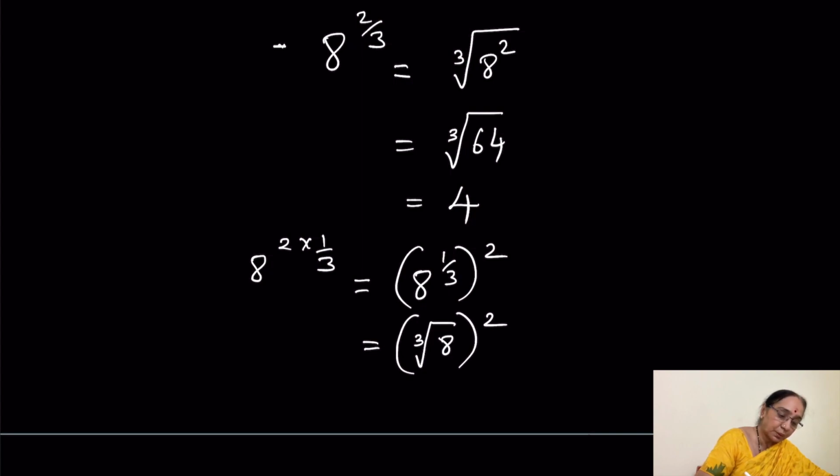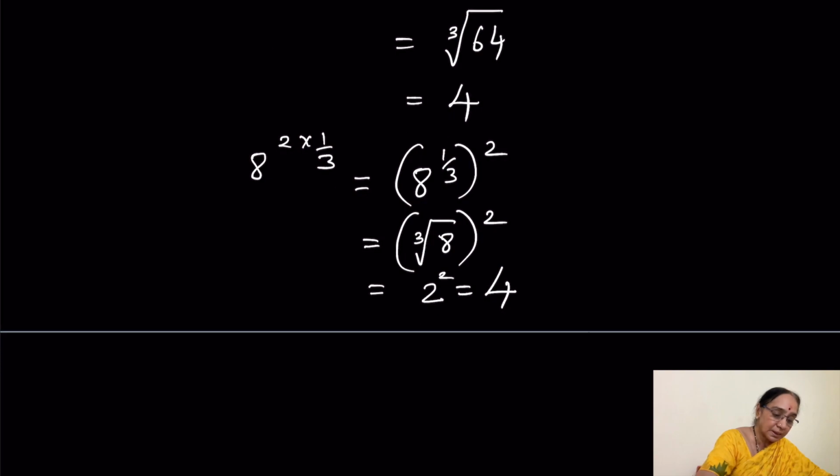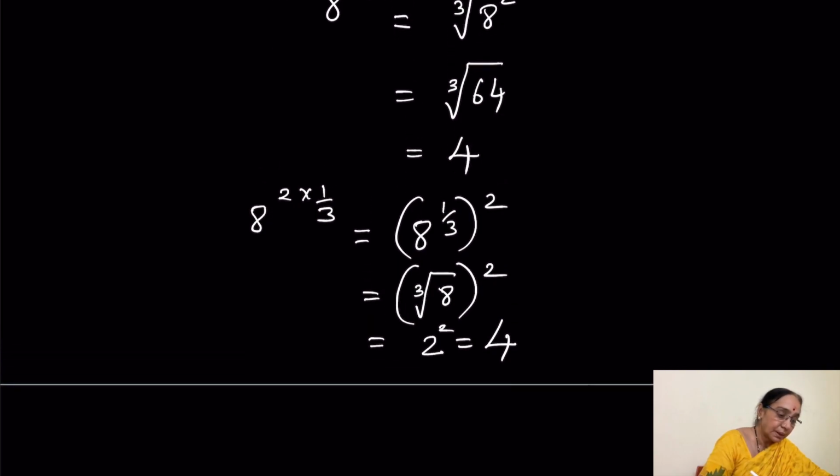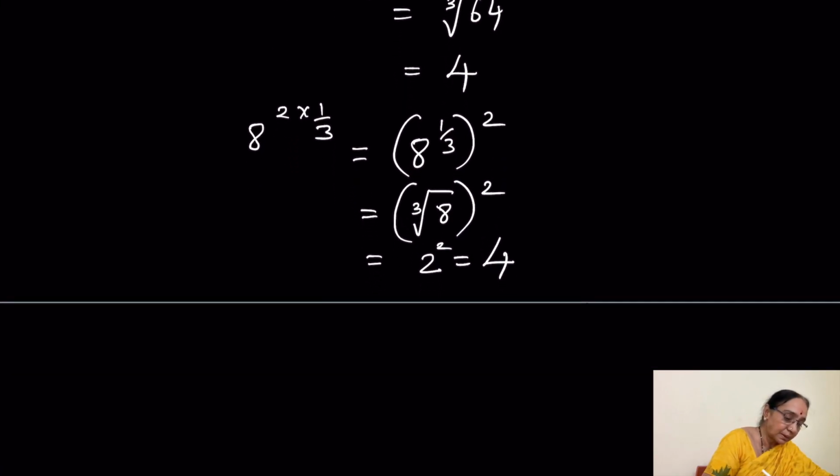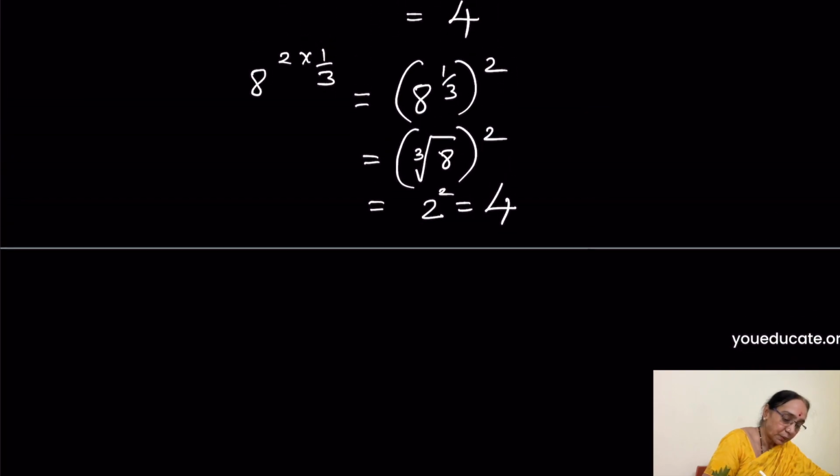And cube root of 8 is 2 and 2 raised to 2 is 4. You get the same answer. So whichever method is easier for you, you can adopt that method. The best would be this 8 raised to 2 by 3. Instead of converting it into radical, try if you can use exponents itself, keeping it in the index notation itself.